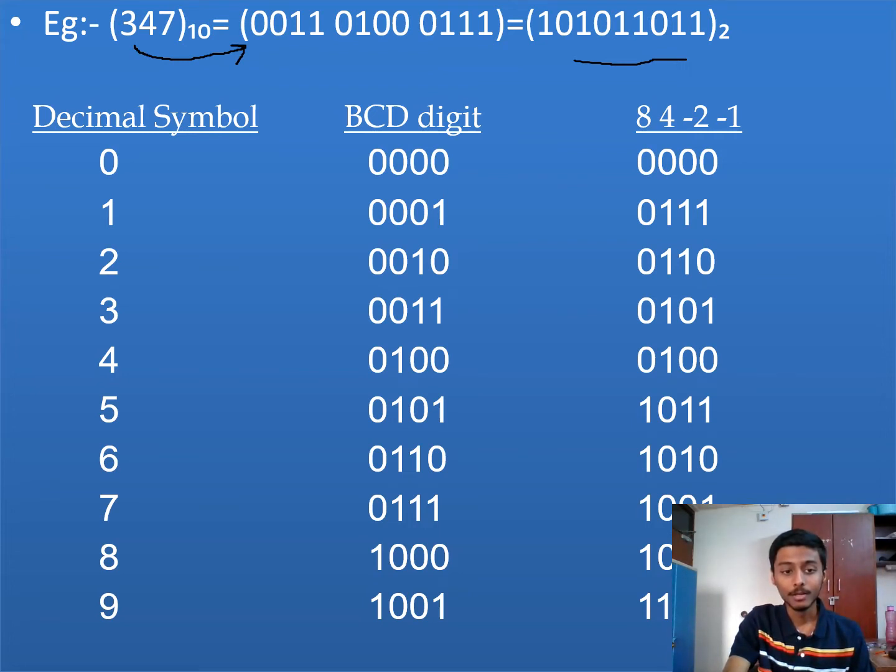Let us take the decimal digit 5. We represent 5 in BCD form like this: 0101. But we represent 5 in 8-4-2-1 with weights 8, 2, 1, so we give weight to 8, 2, 1 and no weightage is given to 4. That's why 1011.